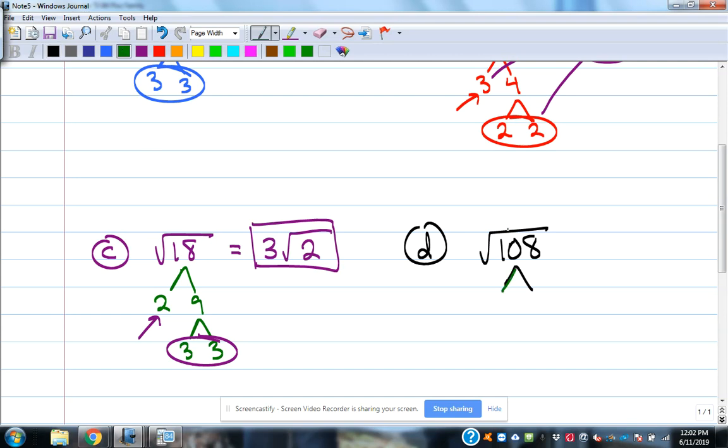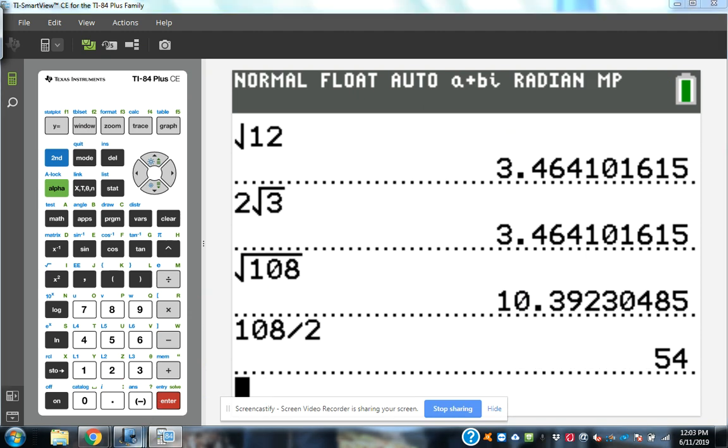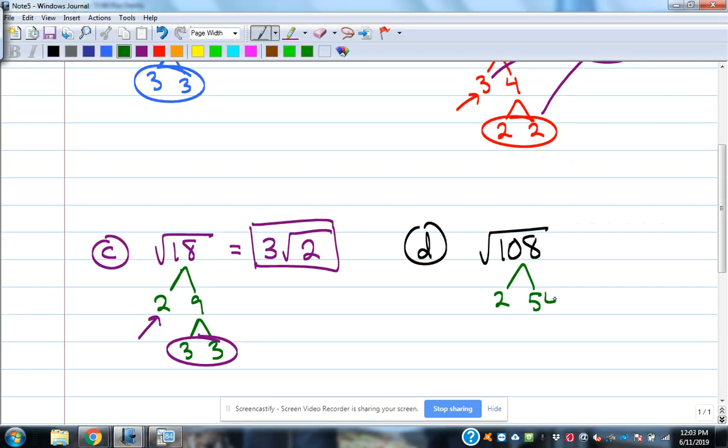What numbers go into 108? If you know your multiplication tables, this makes it easier, obviously. But if you don't know them, you can just start with the easiest thing. I know 108 is even, so I know 2 goes into it. So on my calculator, I just say 108 divided by 2. That's 54. So I put a 54 over here.